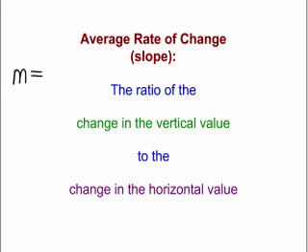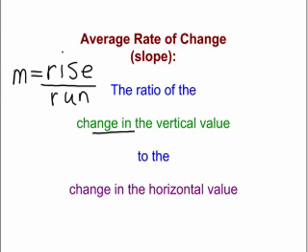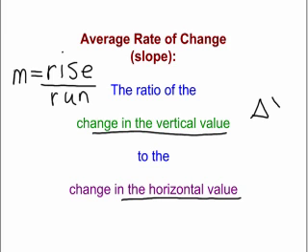So we often say that slope is rise over run, where rise is the change in the vertical value and run is the change in the horizontal value. We also can refer to this as delta y, triangle meaning change, over delta x.